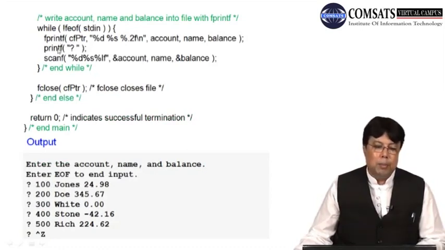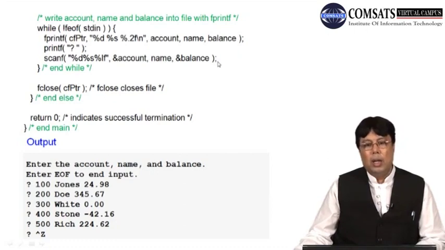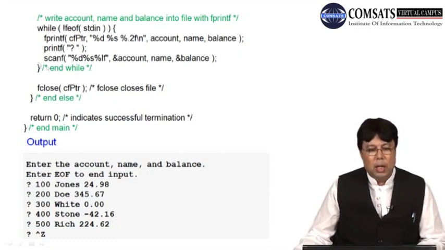Then we say print question mark. Question mark means, do you want to enter another record? If you enter another record, then the record will be entered and you will keep on entering the data.